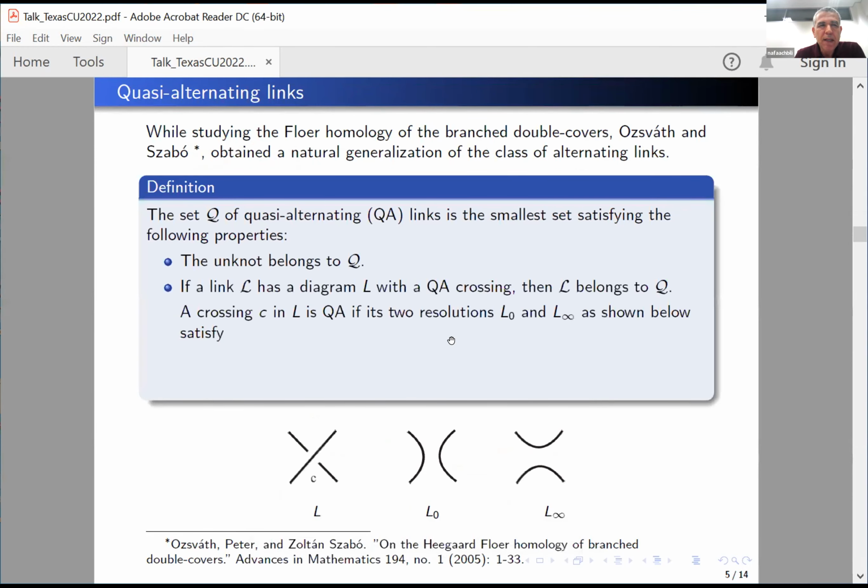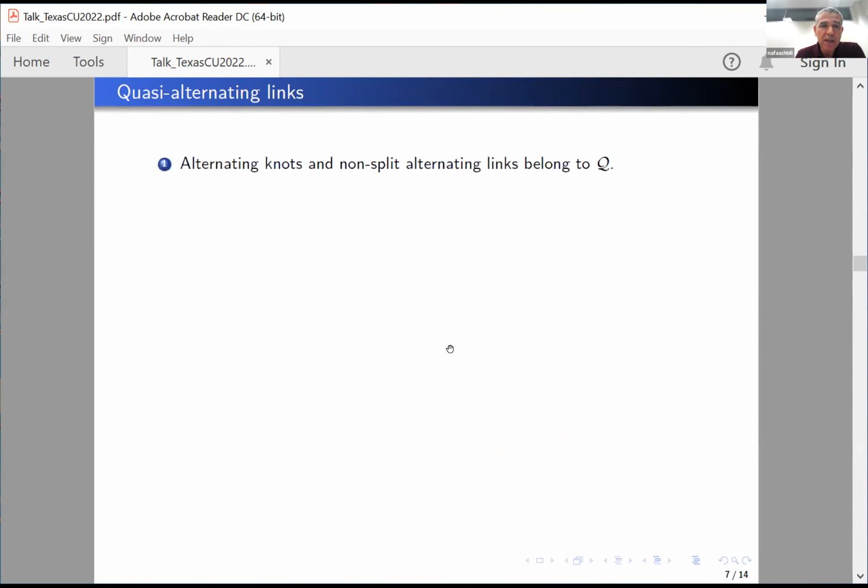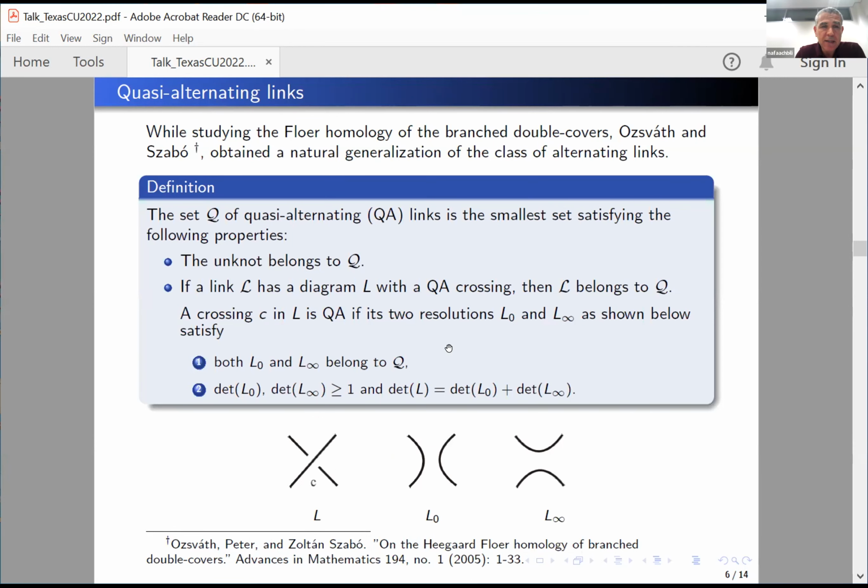So now I would like to define this class of quasi-alternating links. In a few words, this class is just an extension of alternating links. But in which sense? As we will see, the definition is recursive and it looks a little bit unnatural. It comes from the study of Heegaard Floer homology.